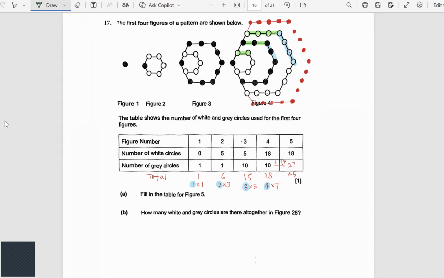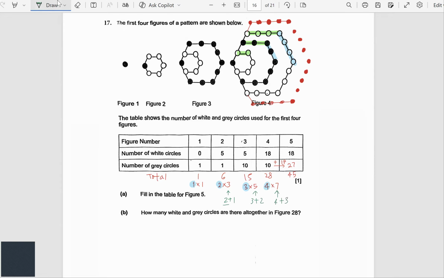Then 1, 3, 5, 7. They're all odd numbers. Or you can say that 3 is 2 plus 1. 5 would be 3 plus 2. And then this 7 would be 4 plus 3.